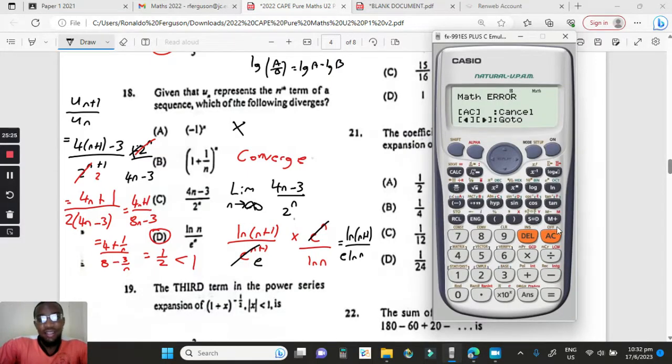like log 500 over log 499, and then it would be multiplied by e. That's very small.